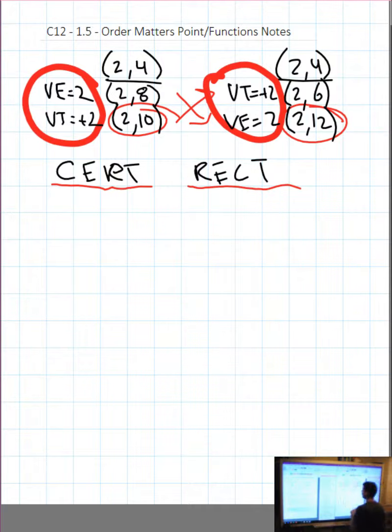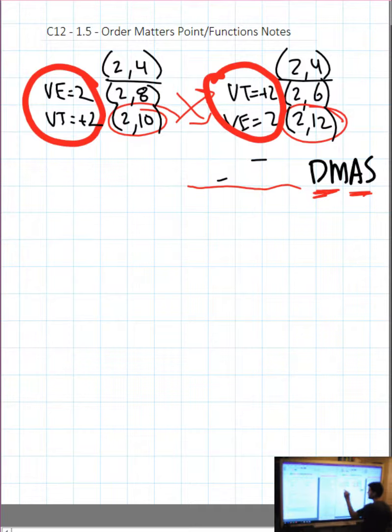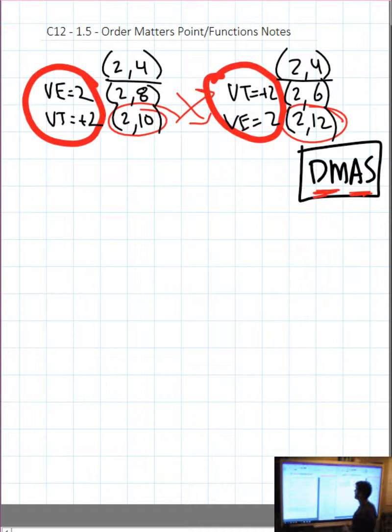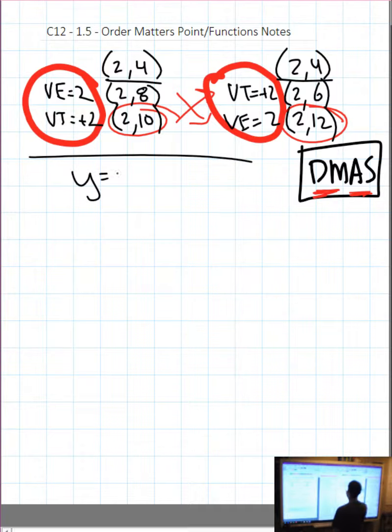But we already learned BEDMAS, where we do multiplication and division before addition and subtraction. Try not to introduce any new mnemonic devices unnecessarily. Translations last.